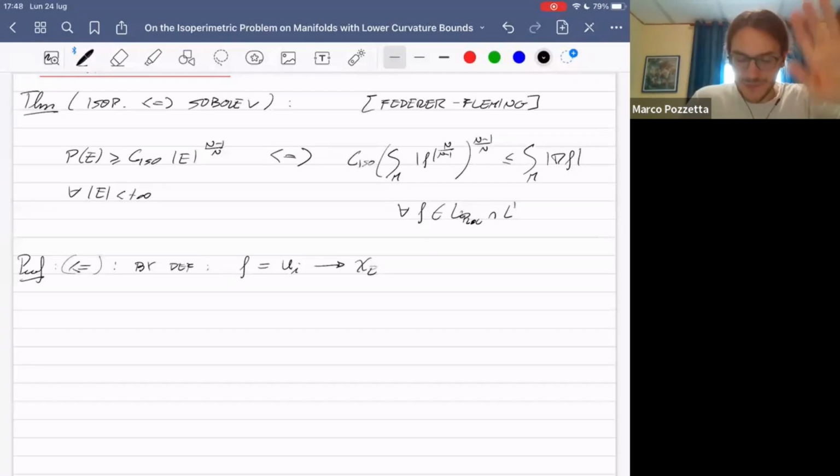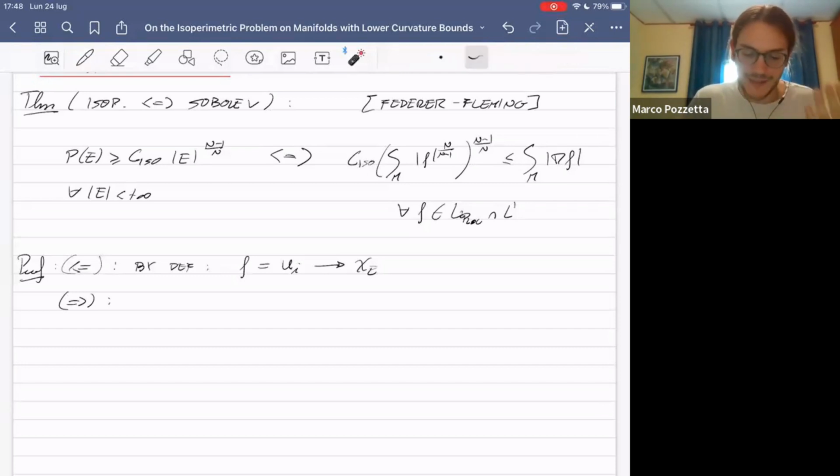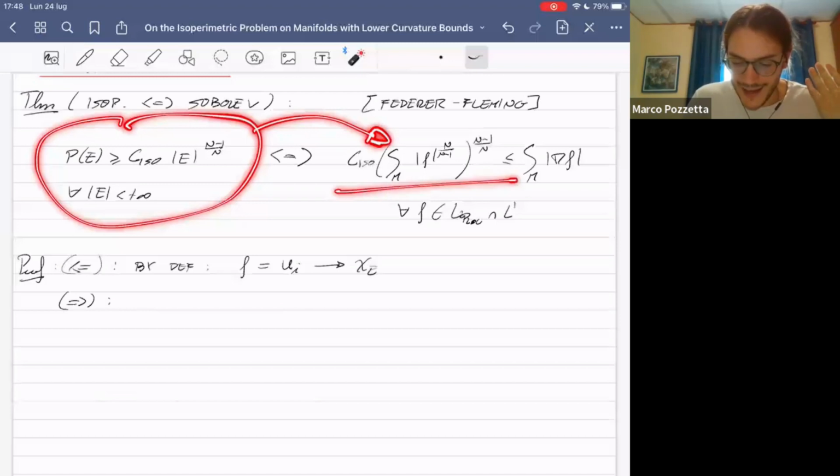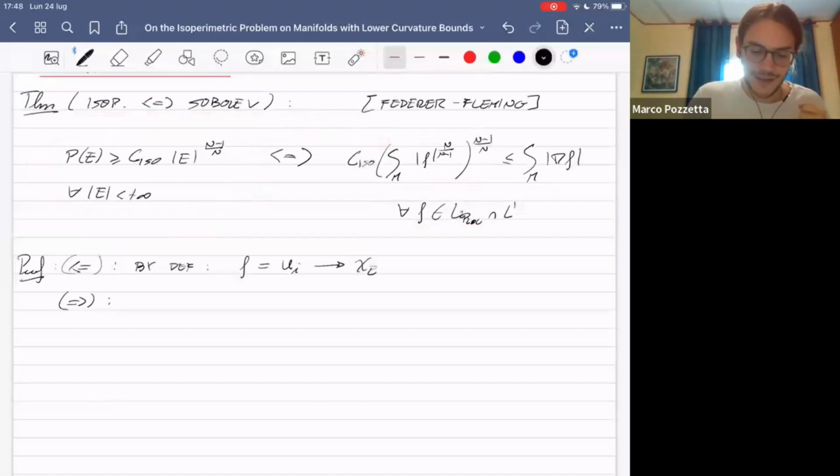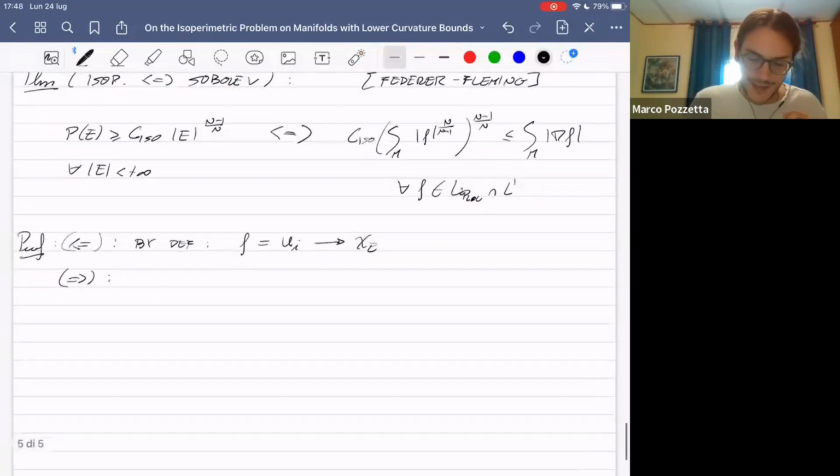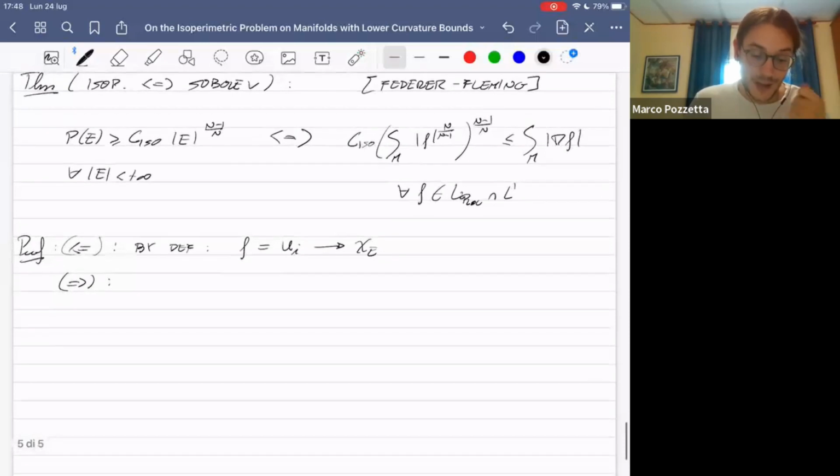By the way, I'm almost done. I wanted to tell you what happens for the other arrow, that is the one I am more interested in, because I am studying the isoperimetric problem. I want to tell you what I can get out of the problem. And it is precisely in this arrow that we will use one of the remarks said above, the coarea formula.